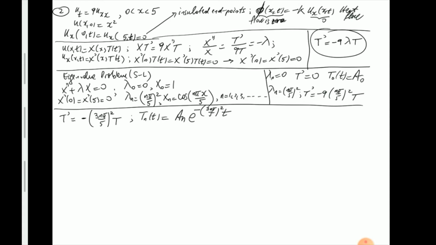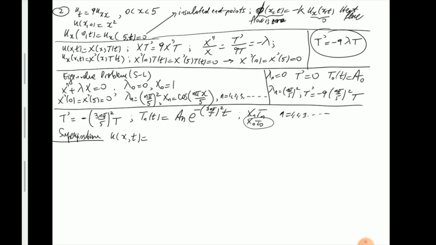And now we do the superposition principle. So we're looking for the full solution. We have infinitely many solutions, xn times tn with n from 1, 2, 3, and so on, and x naught t naught, which is separated from this. So we're going to start with x naught t naught. So u of x t is a linear combination of these.